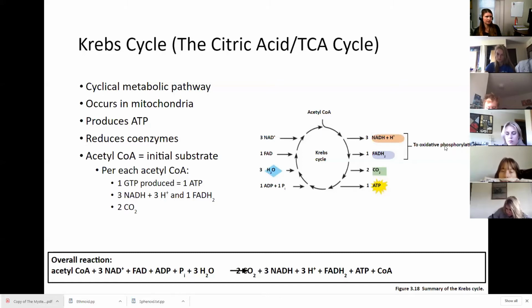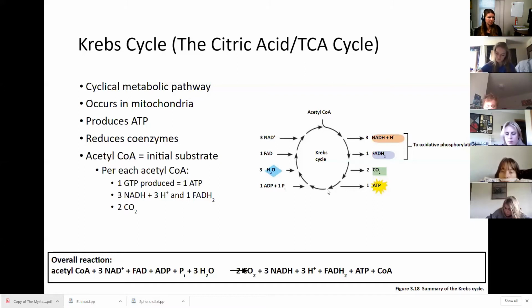So that's really what I want you to focus on in your mind when you think about the Krebs cycle, is that this step is really important. We're basically collecting these electrons, saving them up for the next step. Okay. So our initial substrate, what we started with going into the Krebs cycle, is acetyl-CoA.